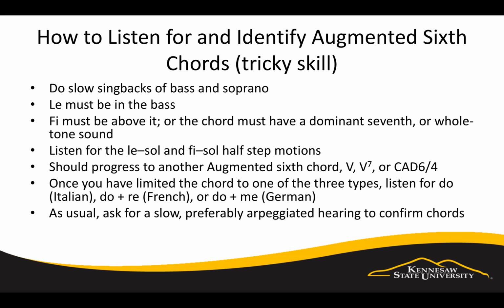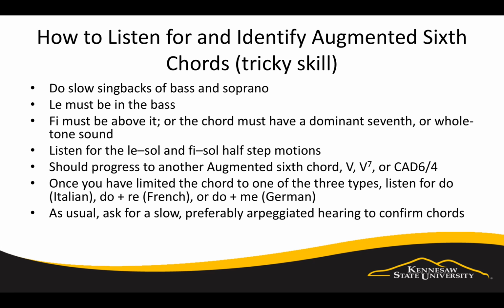One thing I recommend is do slow singbacks of the bass and soprano. Lay must be in the bass, fi must be above it, or the chord must have a dominant 7th or whole tone sound. Listen for the lay to so and fi to so half step motions.